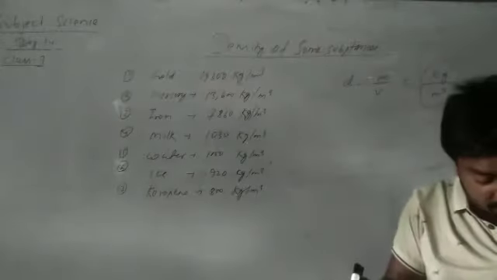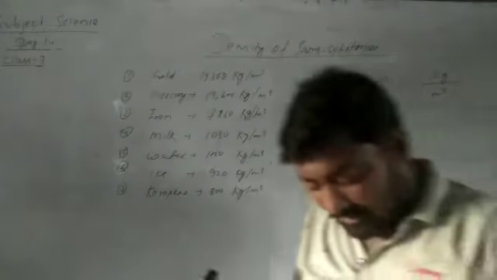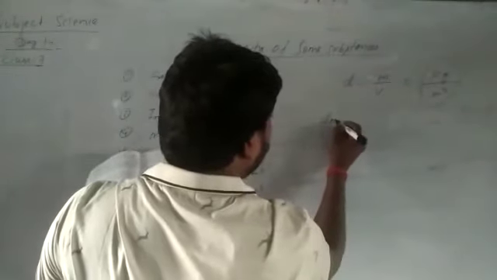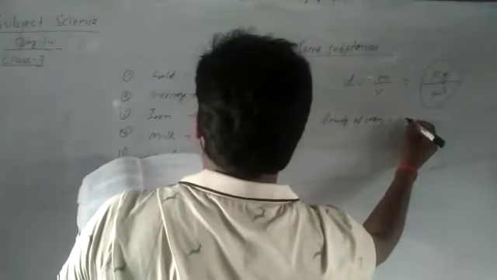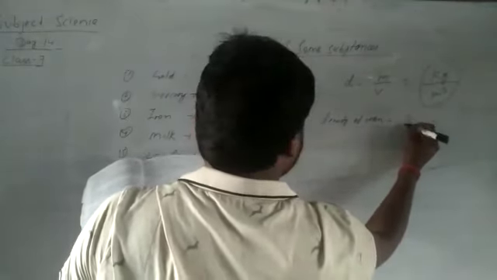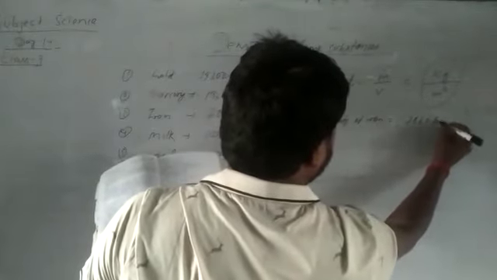Here is a numerical problem. The density of iron is 7,860 kg per meter cube.